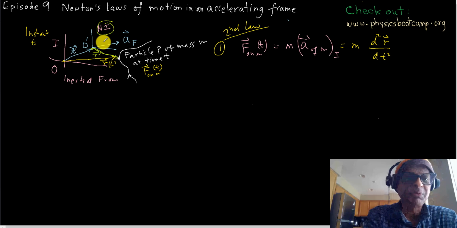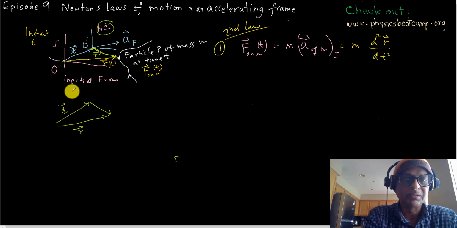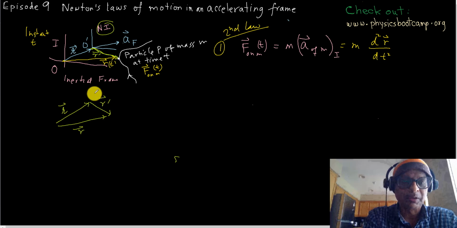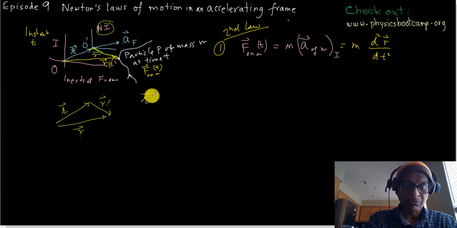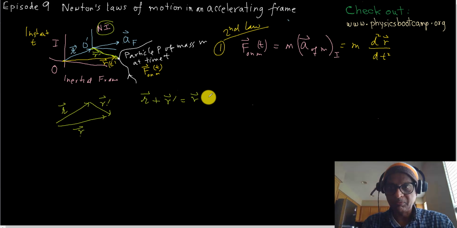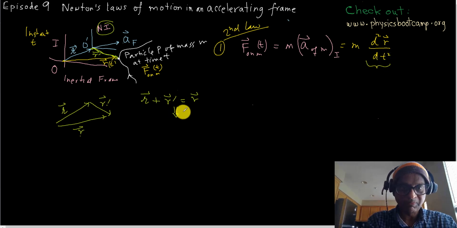Looking at this triangle of vectors, this plus this equals that. So script R plus R prime equals R.